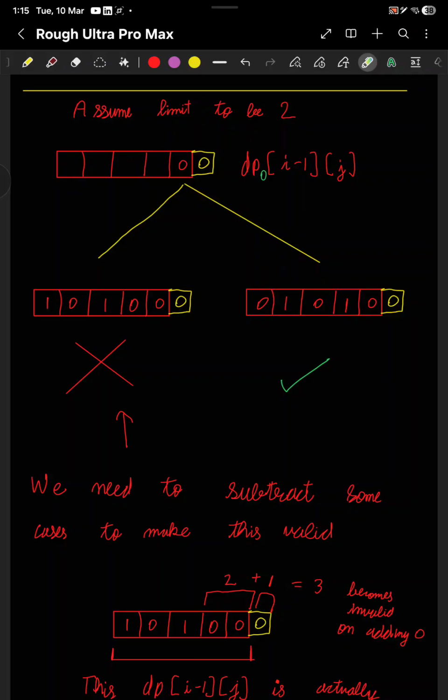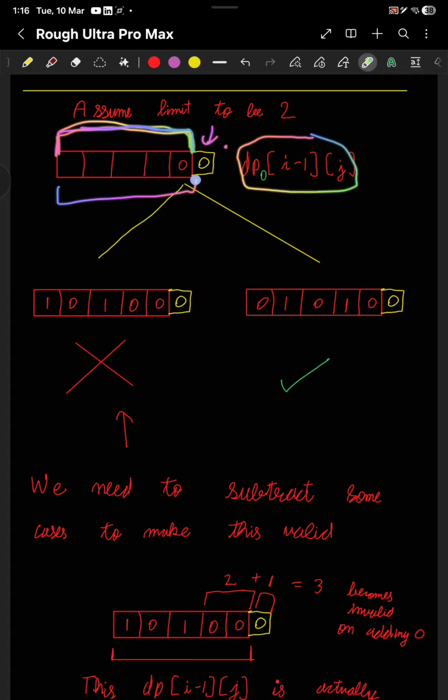Let's understand what is the problem with this case. This was the substate. If we are directly appending 0 to it, like we did in the case of 1, the problem with this is that this is a valid subarray, but there are two cases.